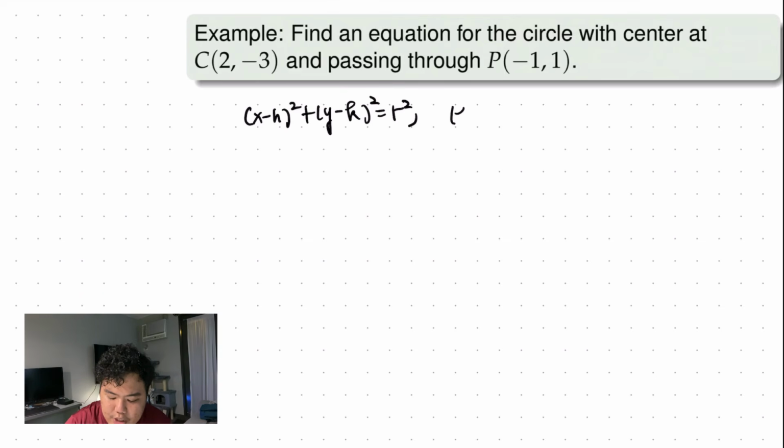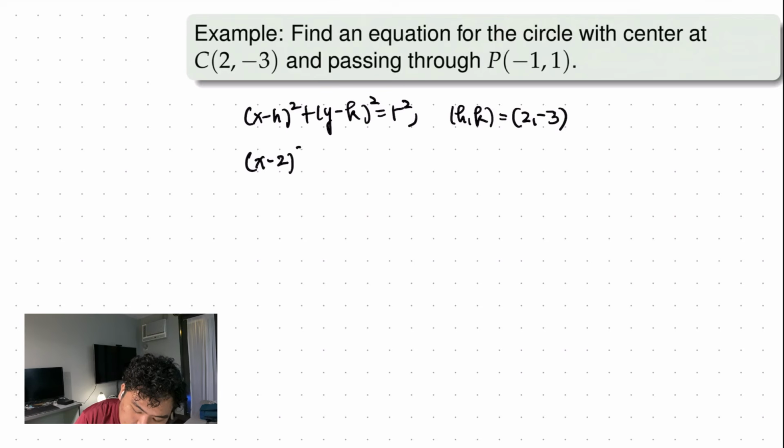So, our (h, k) in this case is (2, -3). So, papalitan lang natin si h ng 2 and k by negative 3. So, (x - 2)^2 + (y - (-3))^2, magiging plus. So, si r^2 na lang yung kulang.